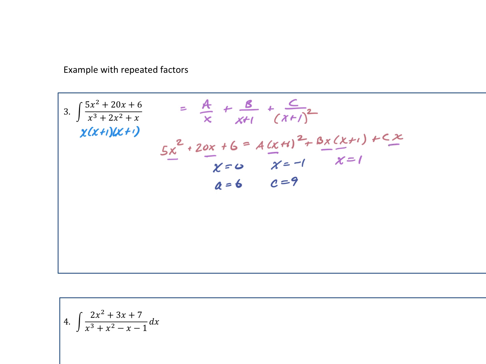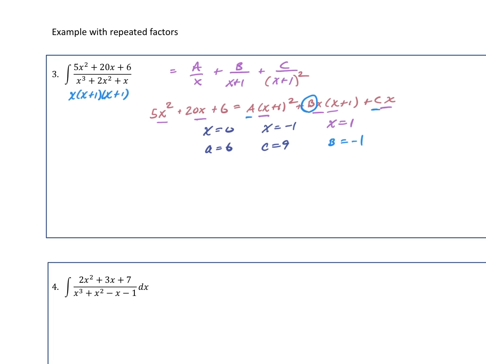Okay, now we're solving for b. I'm going to plug in for a. I'm going to plug in for c. You'll see that the only variable left is the b. So that will allow us to solve for b, which is -1.